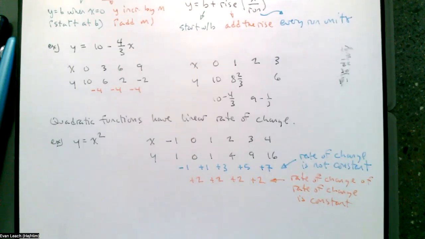And this still makes sense. This still fits with our interpretation of rate of change as derivative. The derivative of the derivative is constant. That's how we think about quadratic functions and how they're changing.